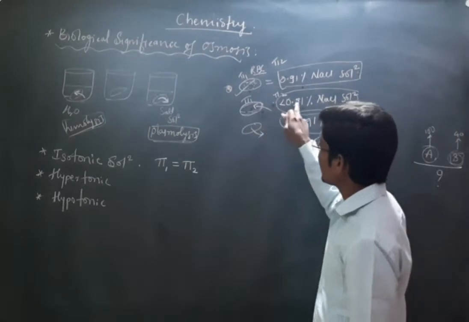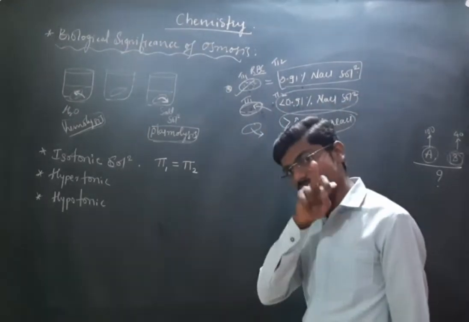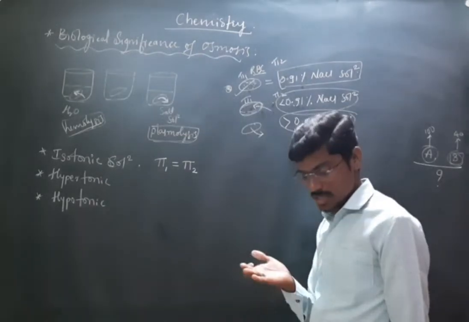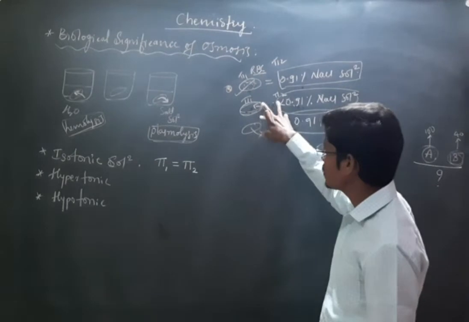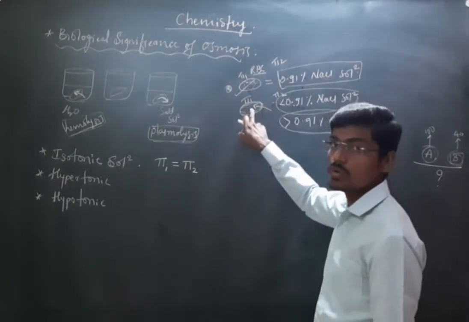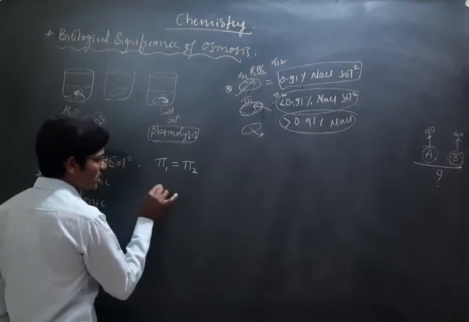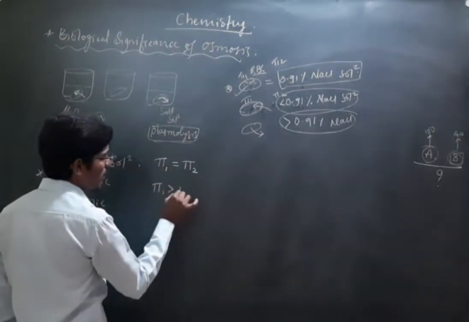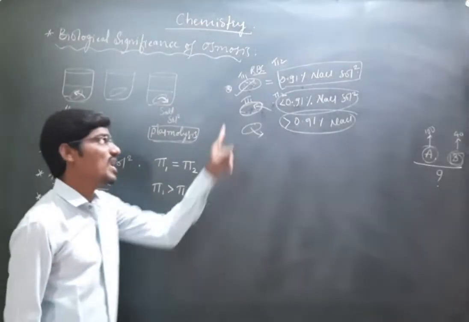Second case, the concentration is different. Osmotic pressure pi is directly proportional to molar concentration. Concentration increases, osmotic pressure increases. Among these two, its concentration is more, so its osmotic pressure is more. So when pi 1 is greater than pi 2, it is called a hypertonic solution.